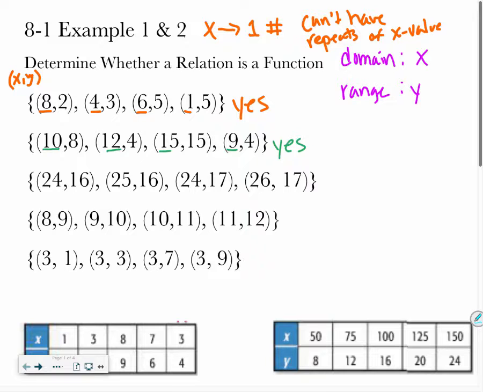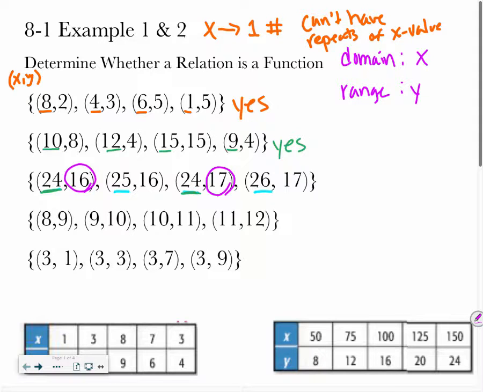I move on. I have 24, 25, 24, 26. And notice I said a number twice. I said 24 two times. So now, this is when I look, what is my y value? So I have a 16 and a 17.